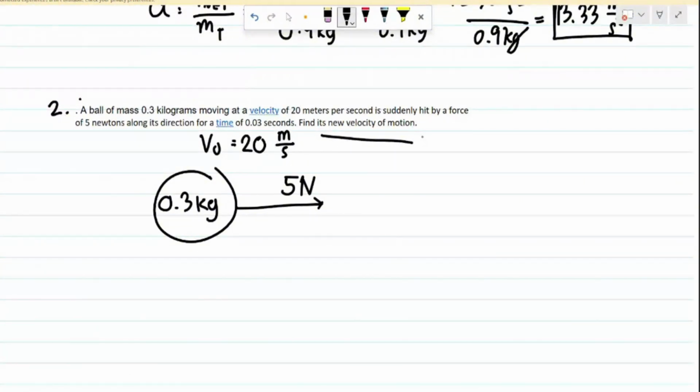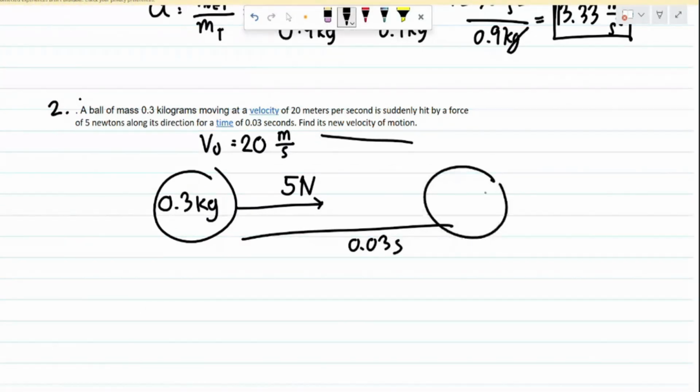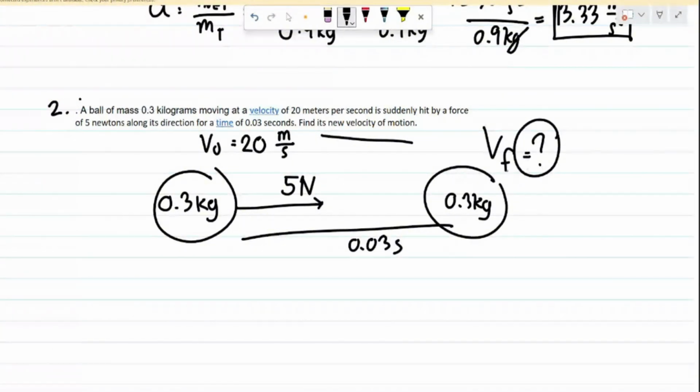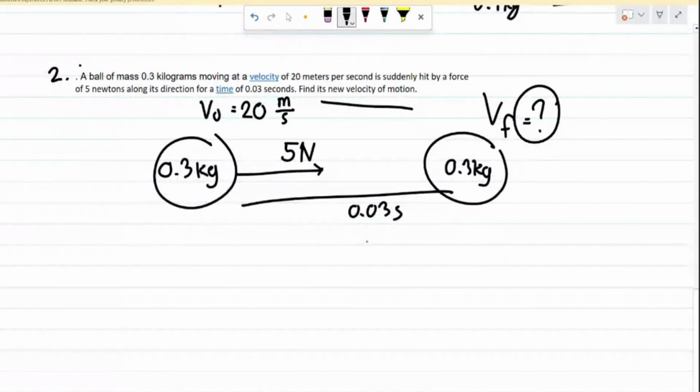So by the way guys, sabi nga po natin, sir, kung siya po ay mag-move for a time of 0.03 seconds, andito po yung ating object, still 0.3 kilograms at magkakaroon po siya ngayon ng ating bagong velocity. So ito po yung ating hahanapin. So actually guys, when we are pertaining with a distance, with a time, or it's either velocity or acceleration, gagamit po tayo ng ating kinematic equation.